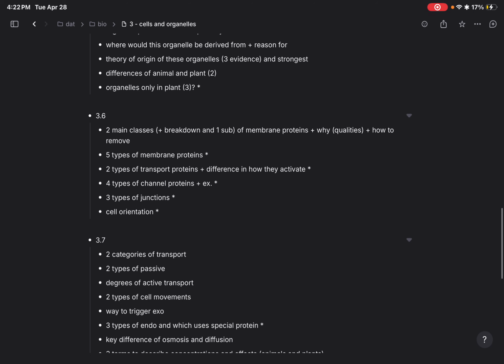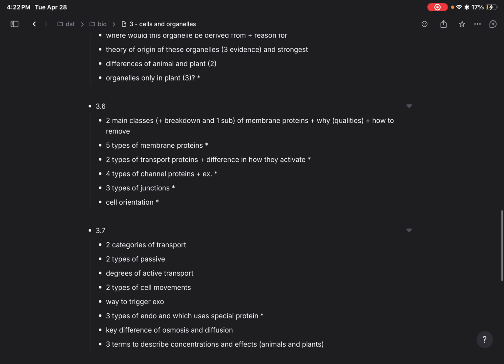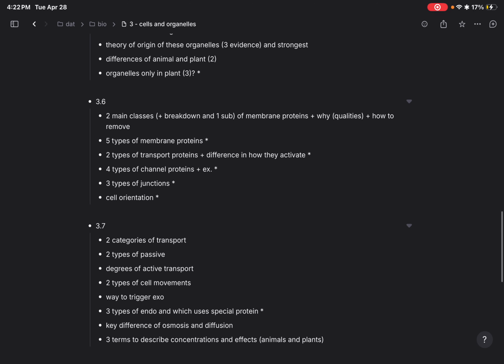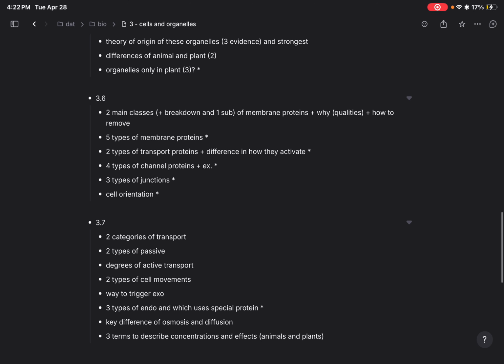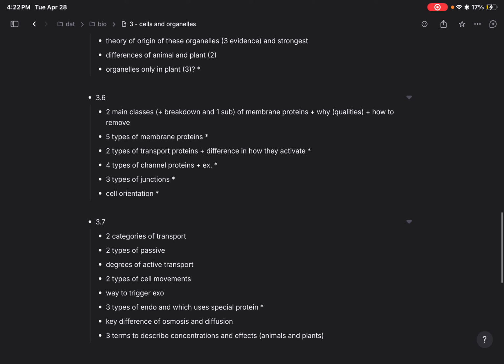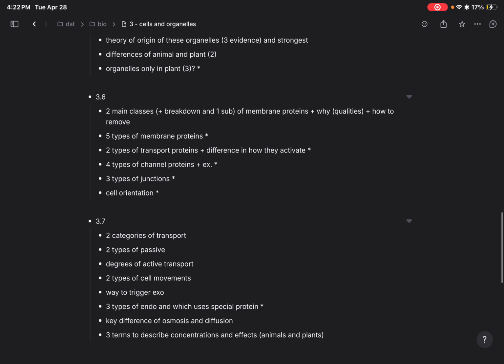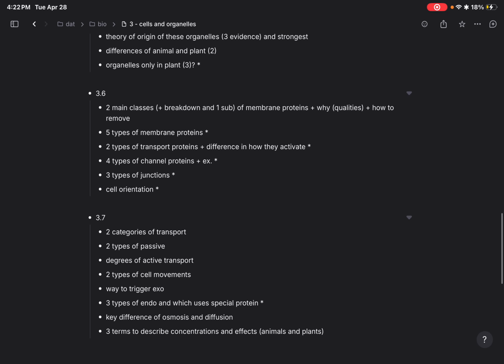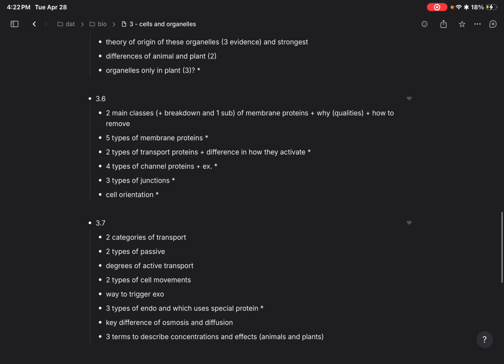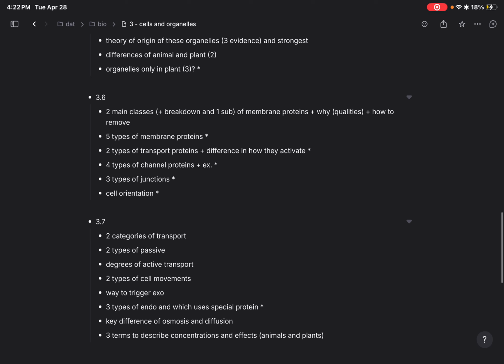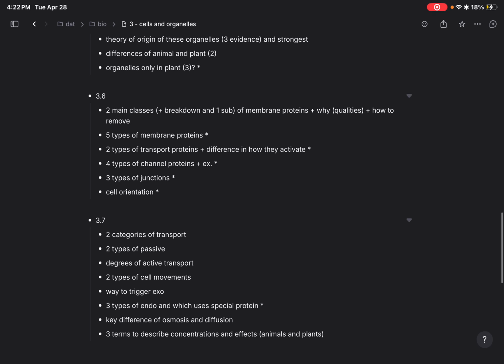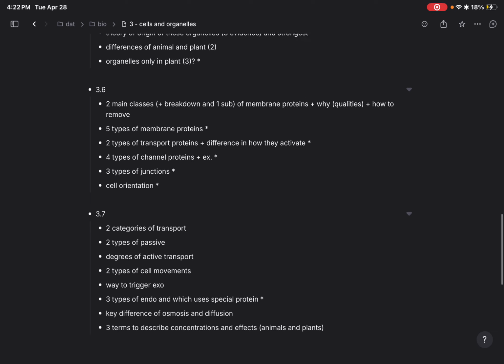Three pieces of evidence of origin: it contains its own circular DNA, it replicates individually via binary fission, and it contains its own ribosomes, I think. The strongest evidence is the circular DNA. I know that one for sure. It also contains other structures similar to bacteria. Okay.